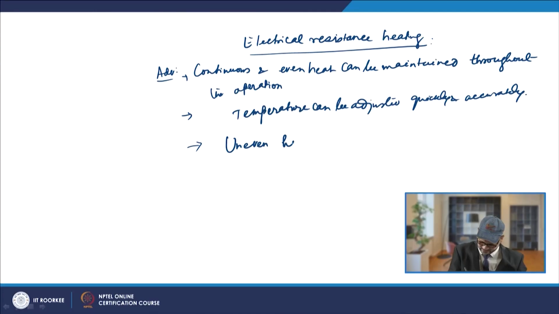Another advantage of electrical resistance heating is that if you want differential heating, basically uneven heat, so if you have to put more heat at some place and less heat at another place, that can be done more easily. So, uneven heat can be obtained easily.